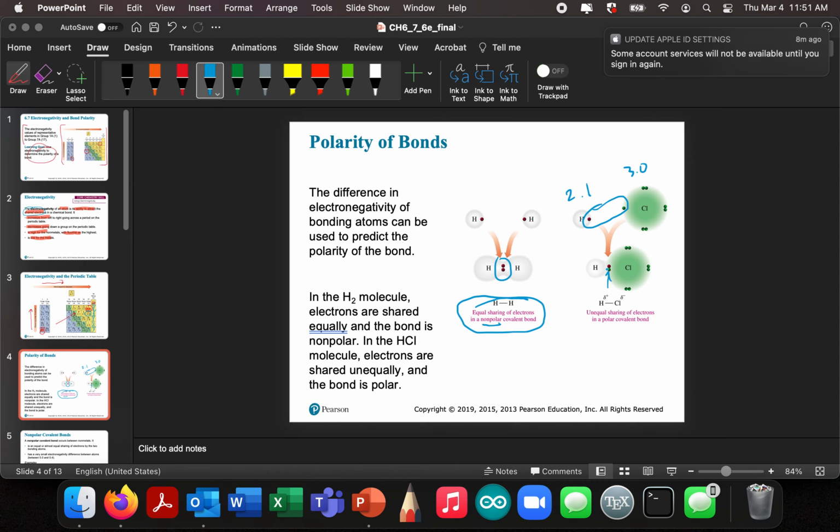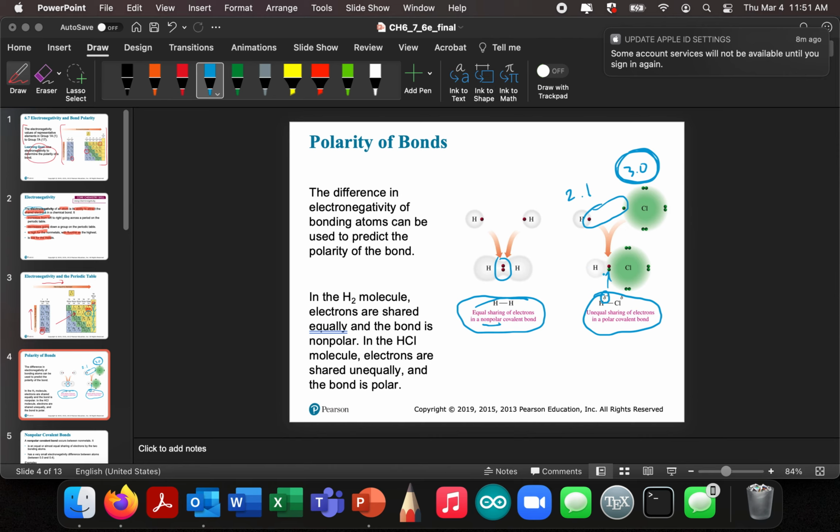The one that is attracting them more is going to have them pulled over closer to that atom. All right? So this unequal sharing is going to make a partial positive charge here. That's what that little symbol right there means. It's a lowercase delta. It's a partial positive.